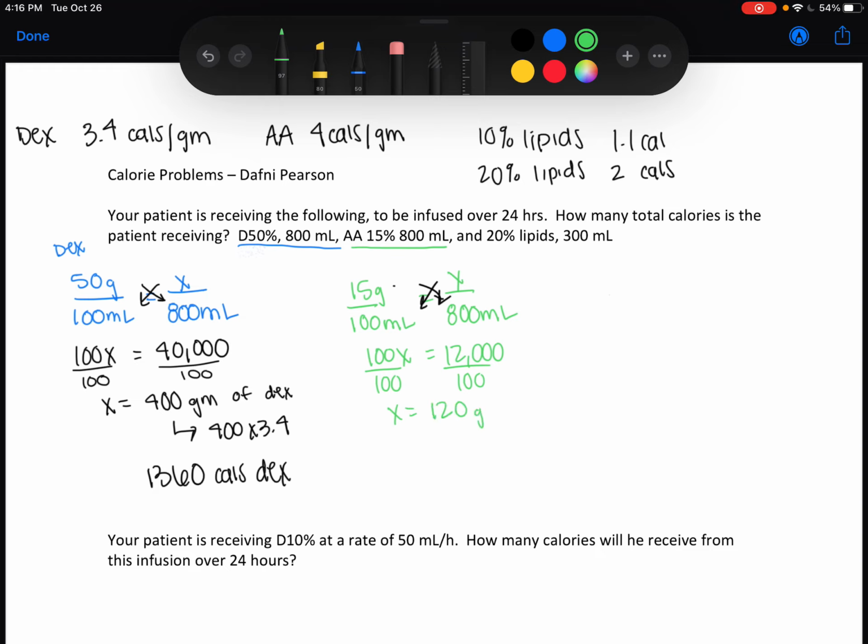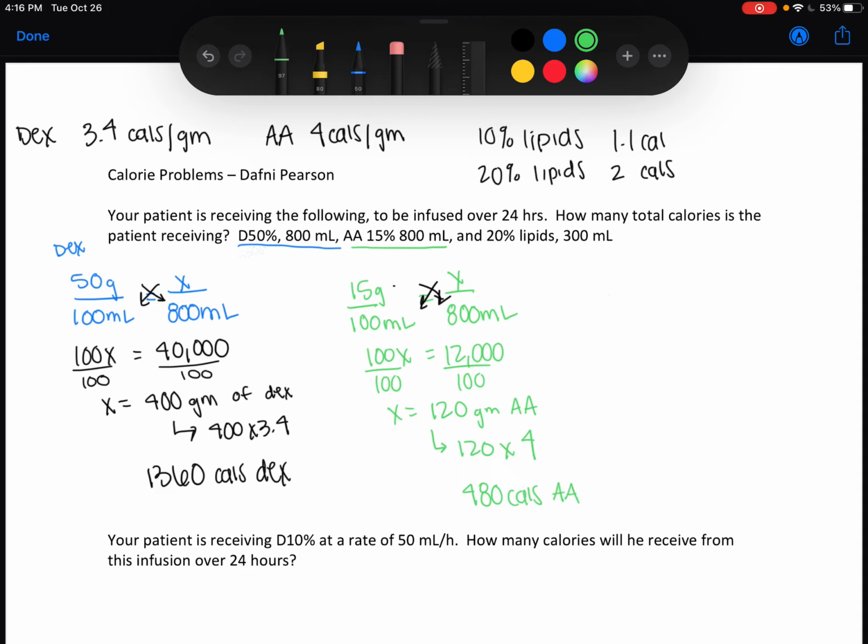And that is grams of amino acids. So to get our calories, we take that and we do 120 times 4, because remember, amino acids are 4 calories per gram. So we're going to get 480 calories of amino acids.